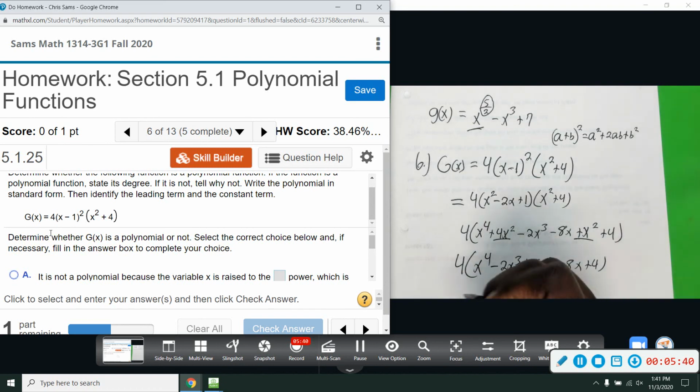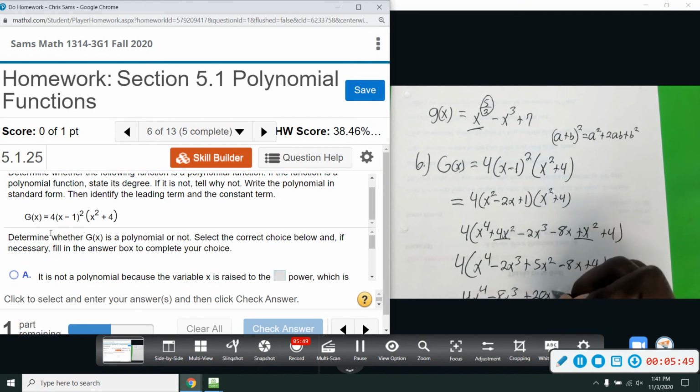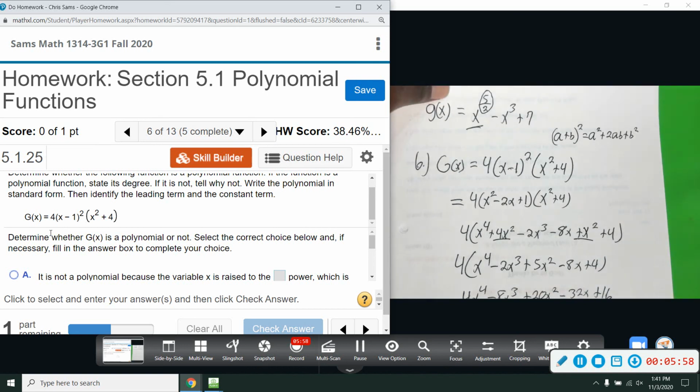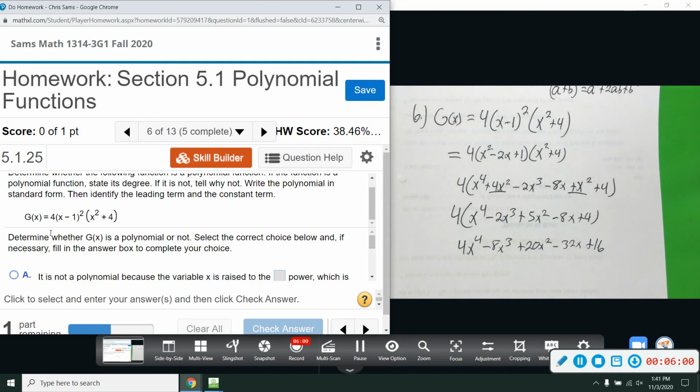And then distribute, that will give us 4x to the 4th minus 8x cubed plus 20x squared minus 32x plus 16. And I'm running off the page. Okay, so that will be our polynomial.